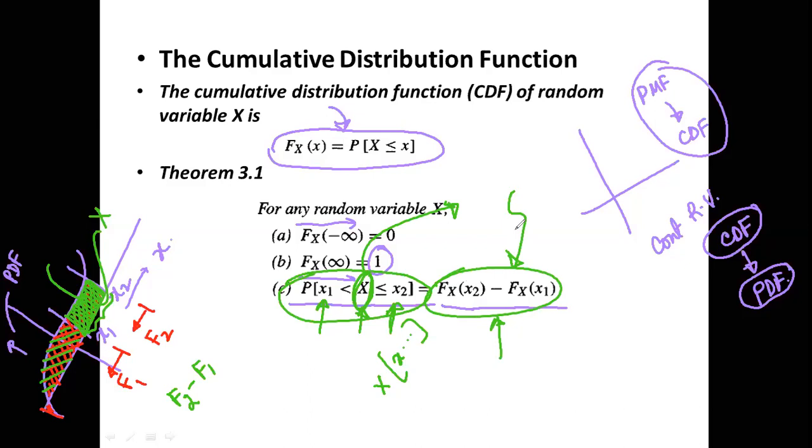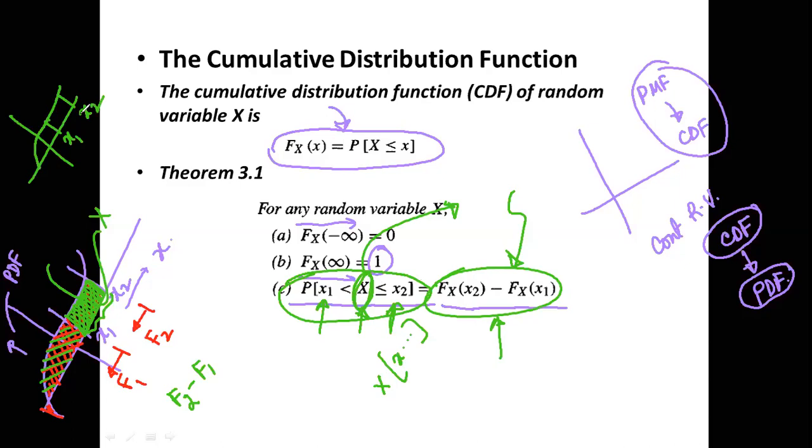Okay, fine. Now the left side is the probability of x from x1 to x2. We haven't covered the PDF yet, but let's think about this one. Say this is the curve, this one is x1, this one is x2.